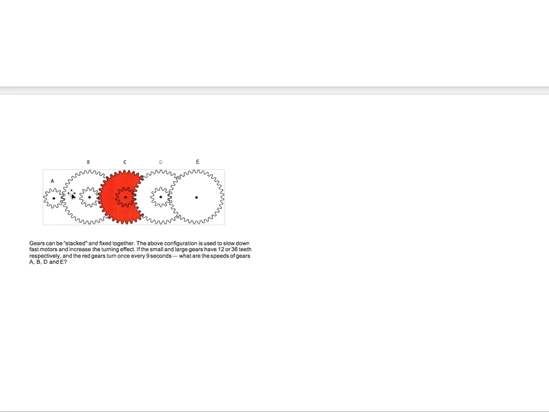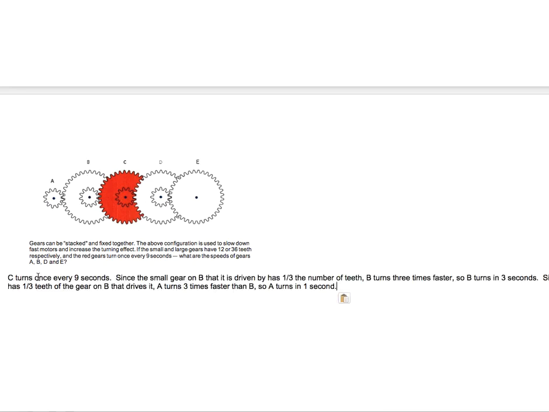And since A has a third of the teeth, it's going to turn 3 times faster than that. So A will turn once every second compared to C's turning once every 9 seconds.